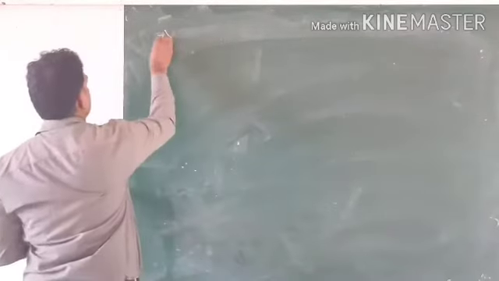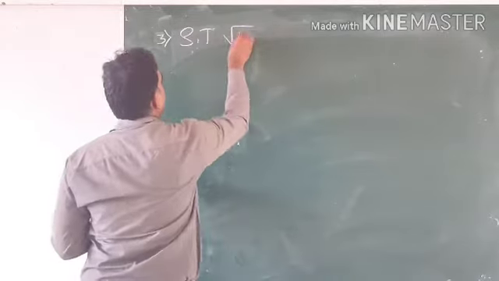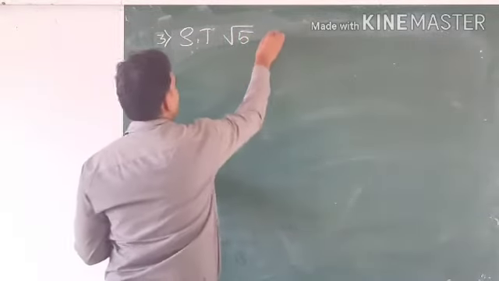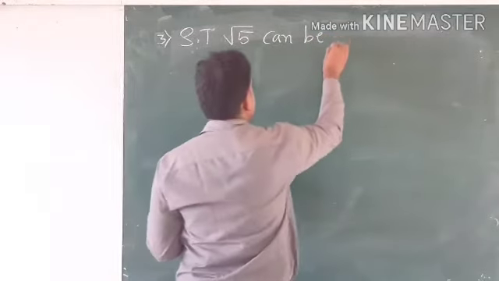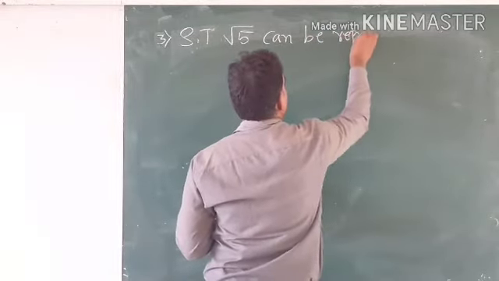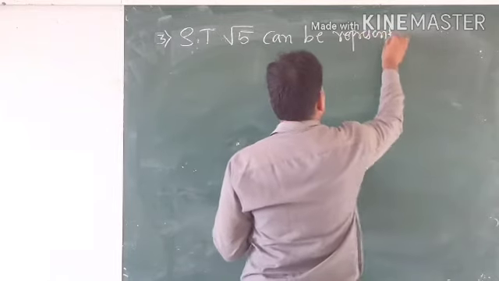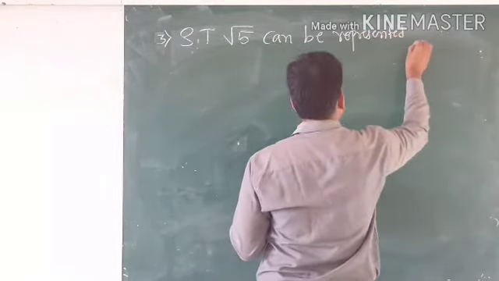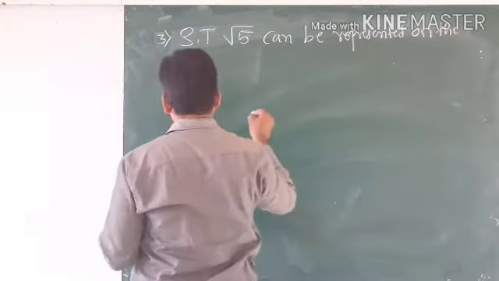Question number 3, show that root 5 can be represented on the number line.